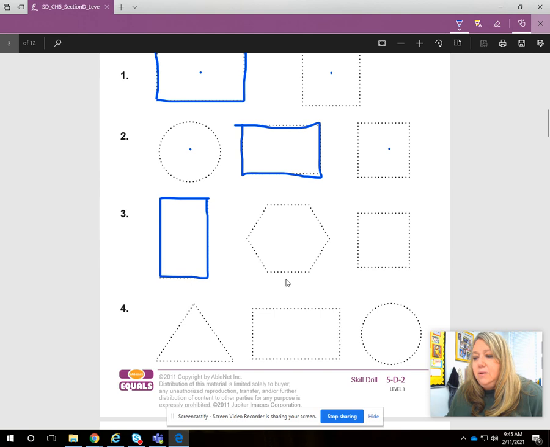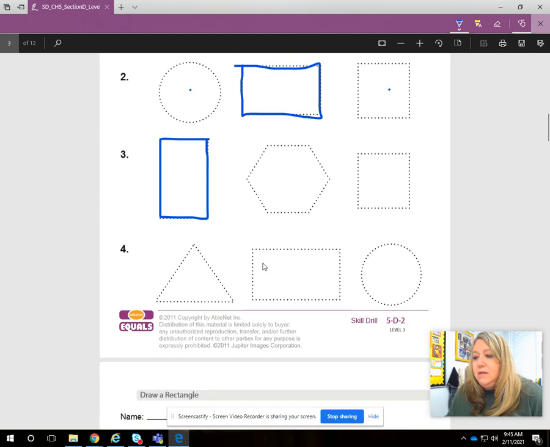A rectangle only has 4 sides, and this one, all the sides are the same, so it's a square. So I think we have it correct right there. Number four. This one is our triangle. We already know that. This one is a circle. So this one is our rectangle. Two short sides, two long sides, rectangle.